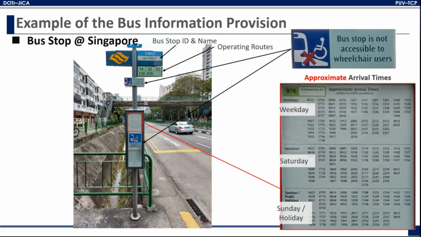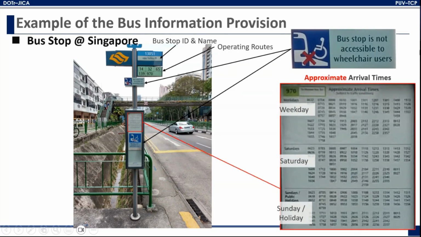Then this shows a bus stop in Singapore. This is not a major bus stop, just an intermediate bus stop in the city area. However, even for such very minor small bus stops, comprehensive information is provided.